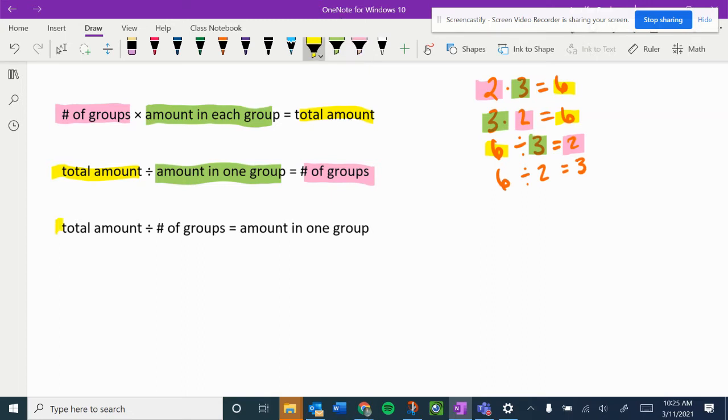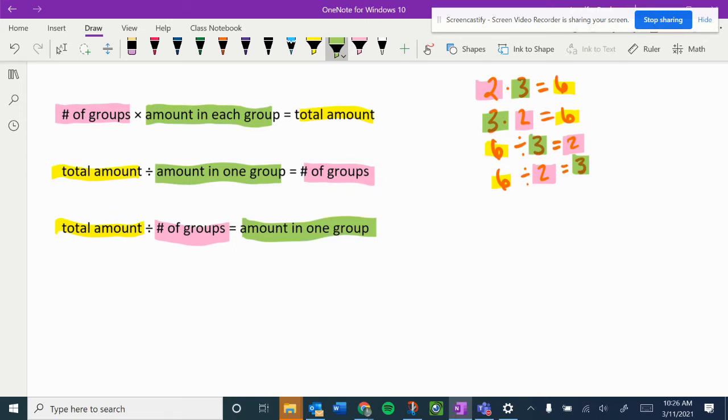And the total amount divided by the number of groups gives me the amount in one group. So when you're flipping the multiplication around to be division, you have to be careful because division is not commutative. It matters which order you do things in. The thing that is the total amount has to become the dividend. If you're ever confused, think about what's the total amount.